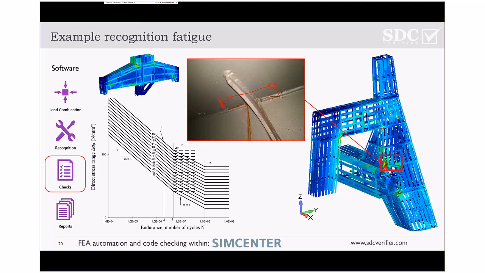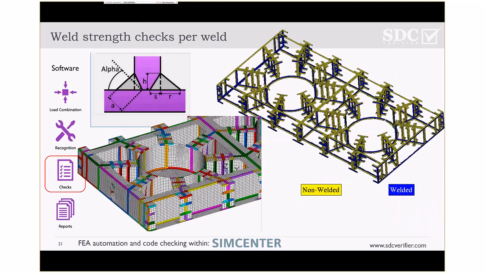Another usage for recognition of welds is the weld strength. In standards, it's allowed to summarize the total load over a weld and divide that by the total load capacity, depending on weld parameters like the A height, or if you have a partial penetration weld, you can even set the H, S, and R. You can set these per weld separately, or you can set all of them at once.